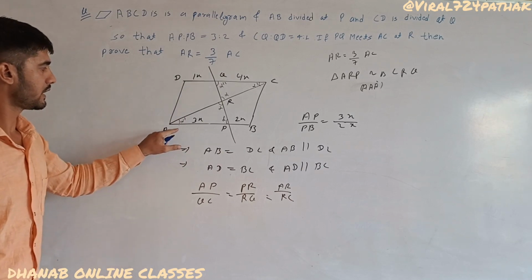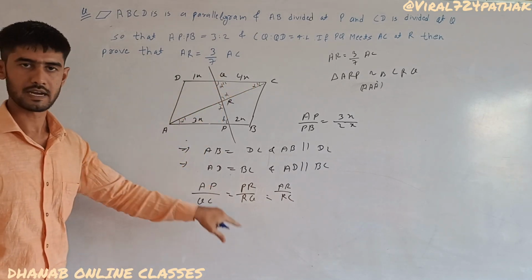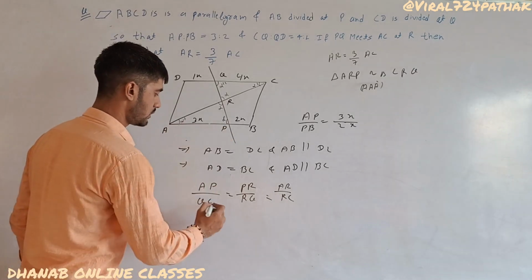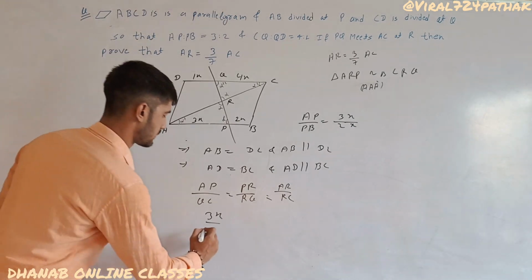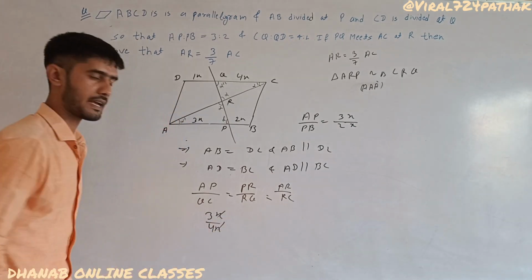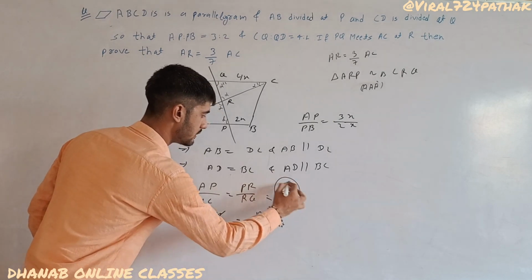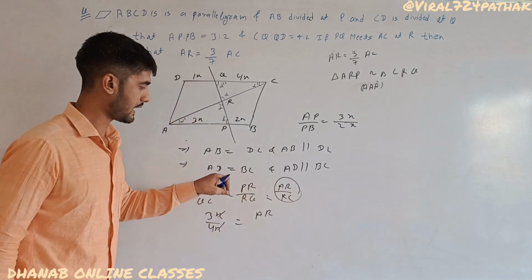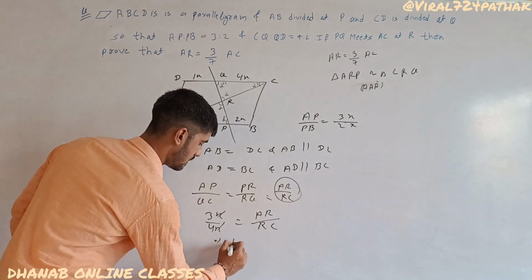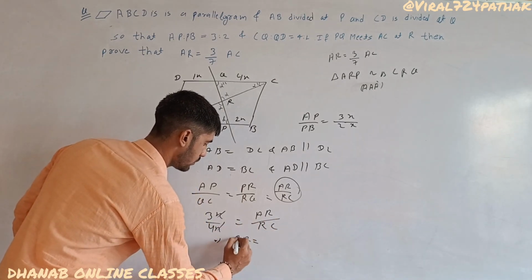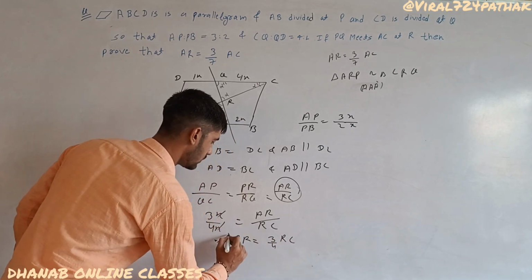Since we are given this length is 3x and this length is 4x, AP equals 3x upon QC equals 4x. This x will be cancelled out. Since we need only this part, we neglect the other part first. AR upon RC equals 3 by 4, so AR equals 3 by 4 RC. Hence proved.